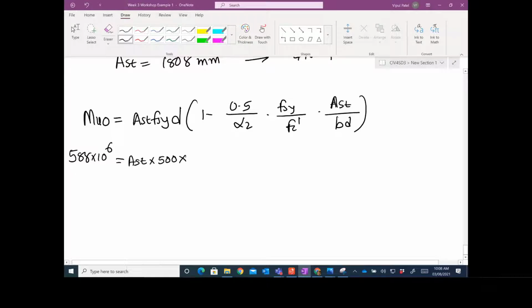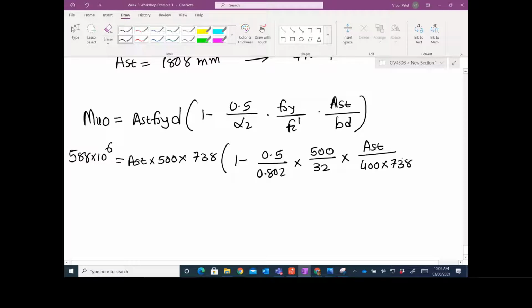I think the D value that we already know is 738. 1 take away 0.5, alpha 2 we calculated 0.802. FSY 500. FC dash 32. AST we need to find. B was 400 and D was 738. Okay, all the parameters that we found in part A, we can use.